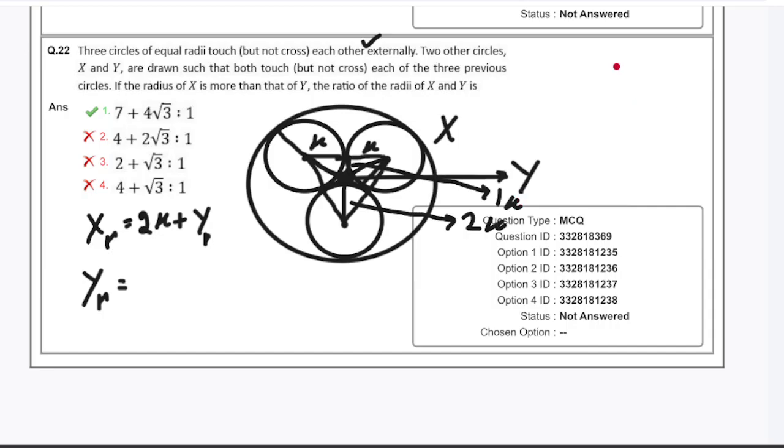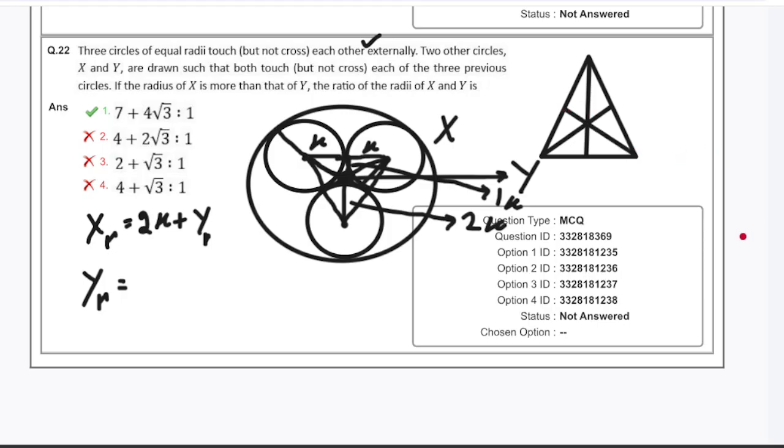The property we are talking about here: let's say this is an equilateral triangle, and this is the median. We take the three medians.